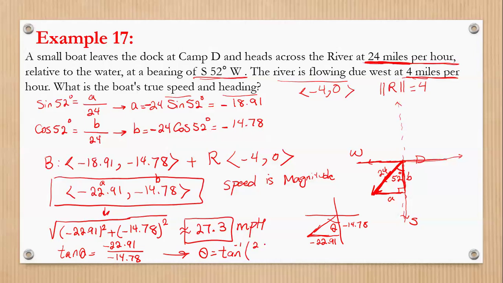The tangent inverse of that fraction tells me that the true angle is 57.2. So the angle is not 52 anymore, because the speed of the river changed the direction of the boat. So now the true angle is 57.2. So the true speed is 27.3 and the heading, or the angle, is 57.2 degrees.